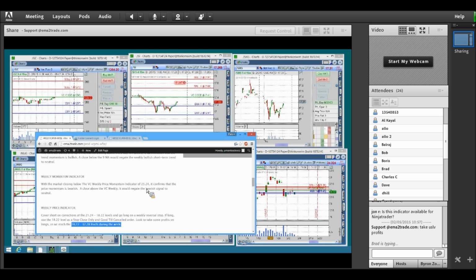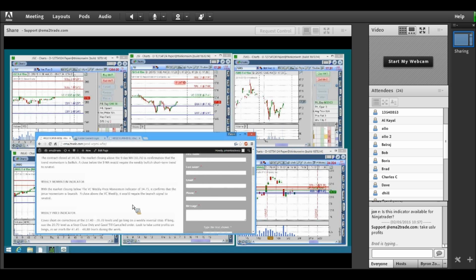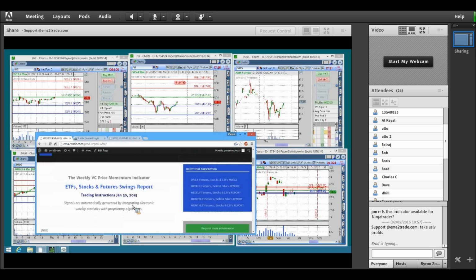Your stop is 25.24 for the remainder of this week. We will review on Saturday the algorithms for this week and what they will tell us for the following week.